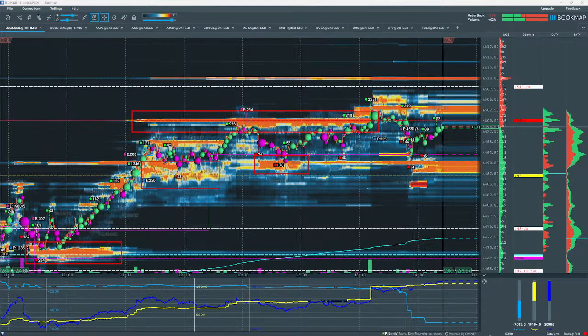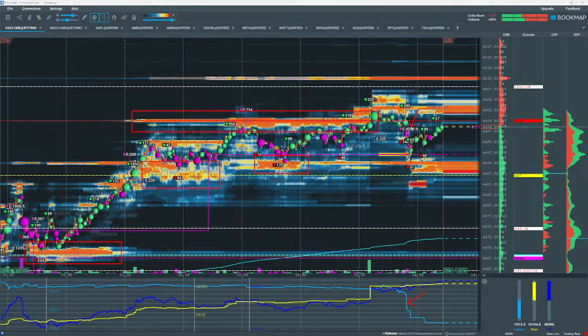And note some large iceberg orders coming in. These are what large traders use to hide their size. That's shown by the light blue line in the subchart. That number right there, that's 4,551 contracts executed in 6 different transactions.